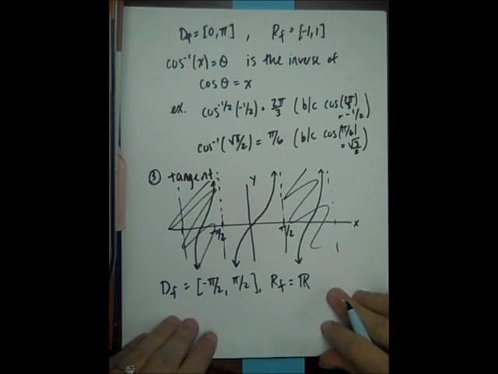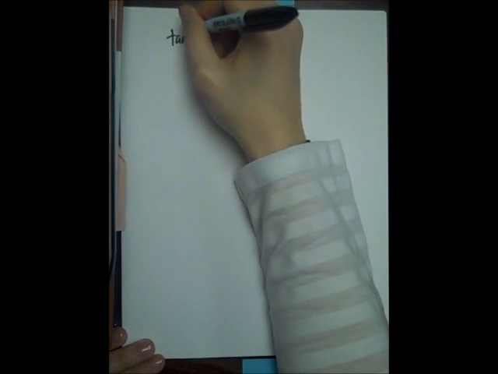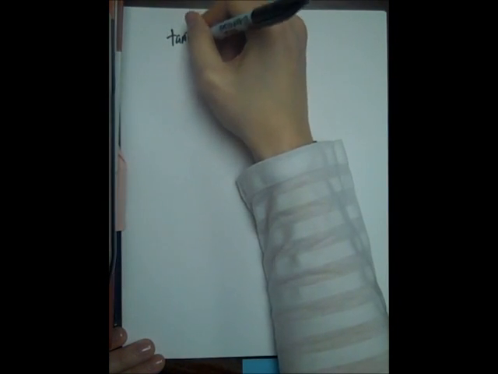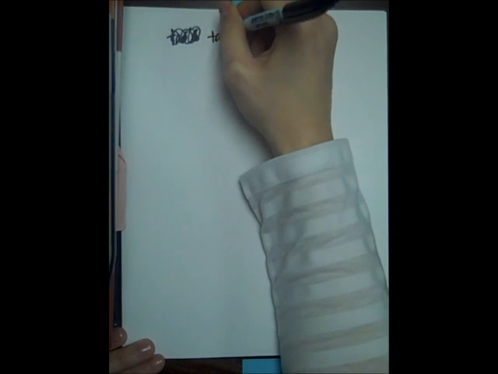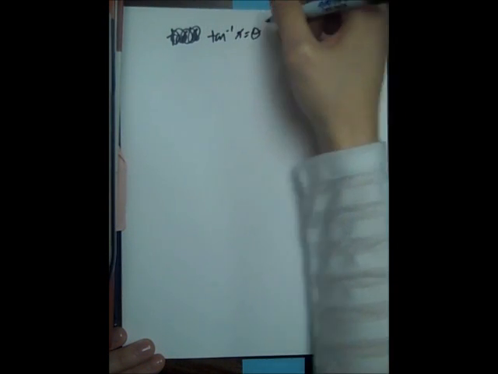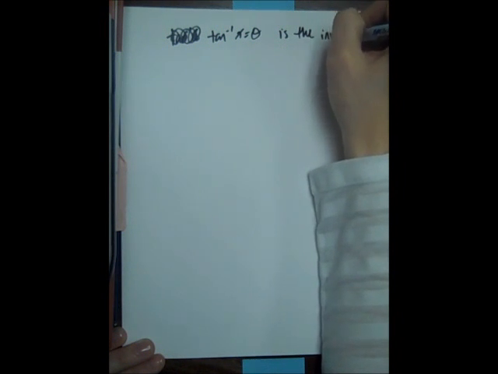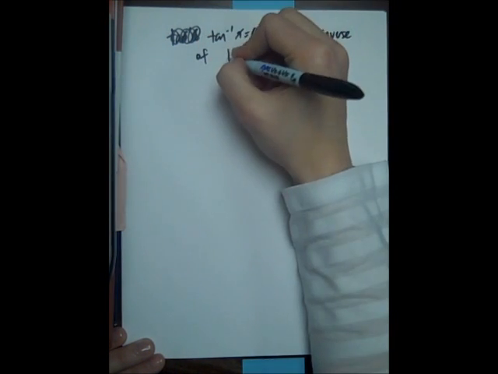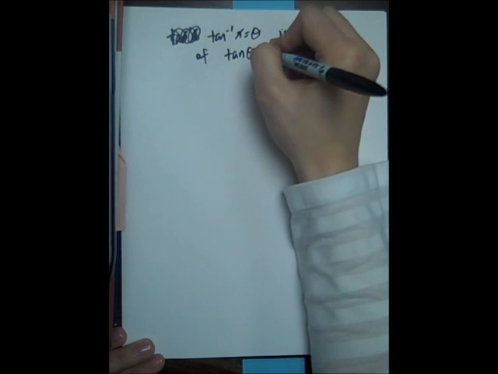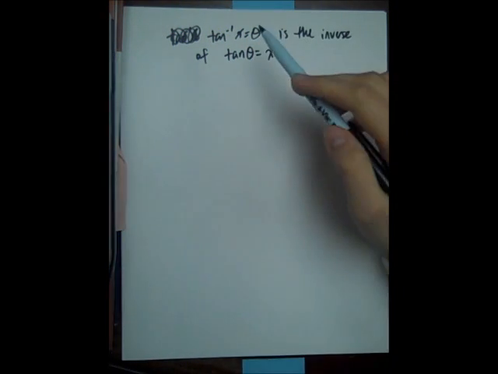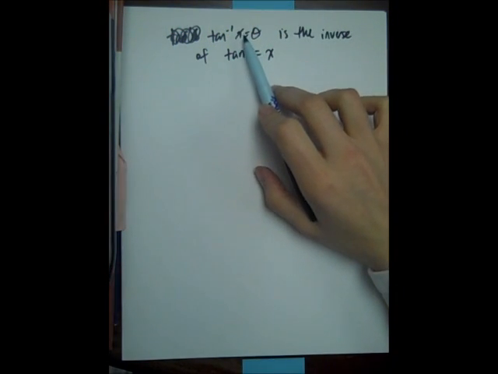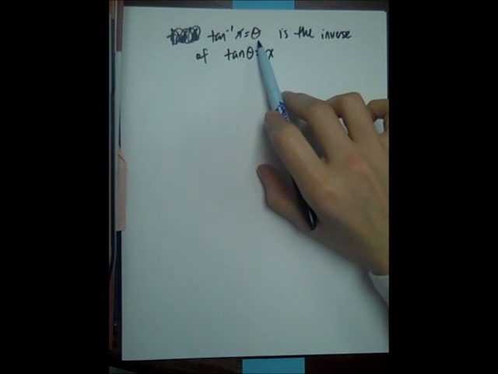For the inverse of tangent, we're going to do just what we've been doing. So tan inverse of x equals theta is the inverse of tan of theta equals x. So just like before, the inverse, I give you a number, you tell me what angle corresponded to that number.